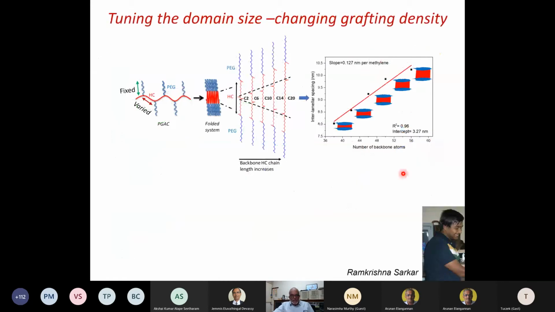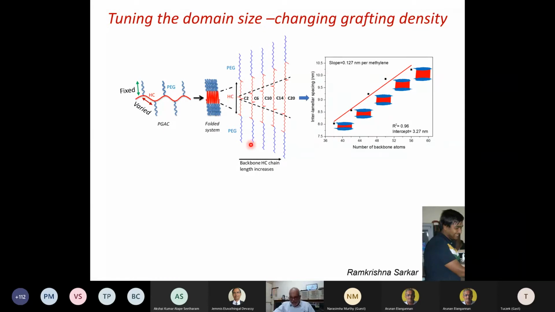So what Ramakrishna did was, he said, instead of changing the length of the pendant segment, you can also change the periodicity at which these segments of fixed length occur. And so he developed an alternate strategy where the red segment, that is a zigzag folded segment, actually increases. And he was also able to show that the interlamellar spacing actually varies linearly with the length of this.